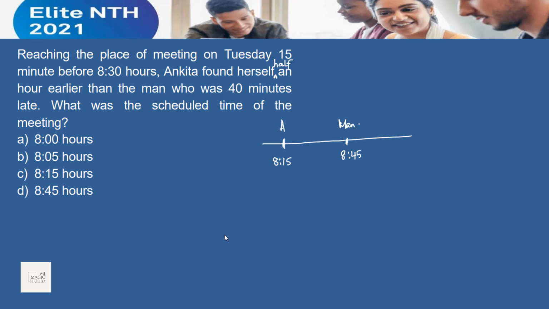So the man came there at 8:45, but he was 40 minutes late. What was the scheduled time of the meeting? If we deduct 40 minutes from 8:45, what we have is 8:05. This was the scheduled time of meeting.